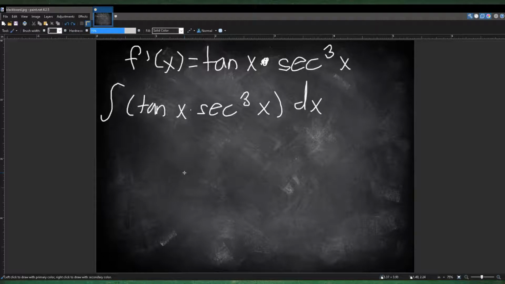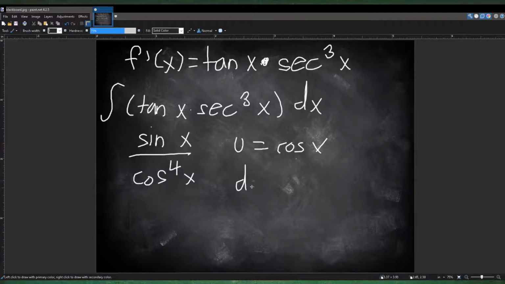So we have sine of x divided by cosine to the 4th of x. We could have u equal to cosine of x, and du equal to negative sine of x times dx, because the derivative of cosine of x is negative sine of x.